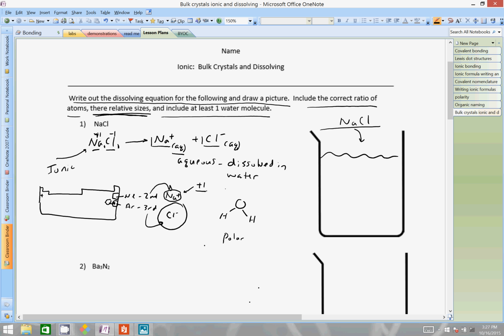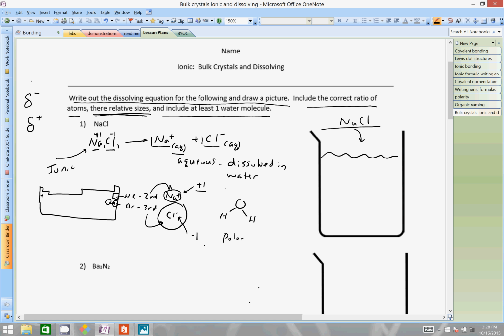That's an entire positive 1 charge. This guy has a negative 1, which is an entire negative 1 charge.